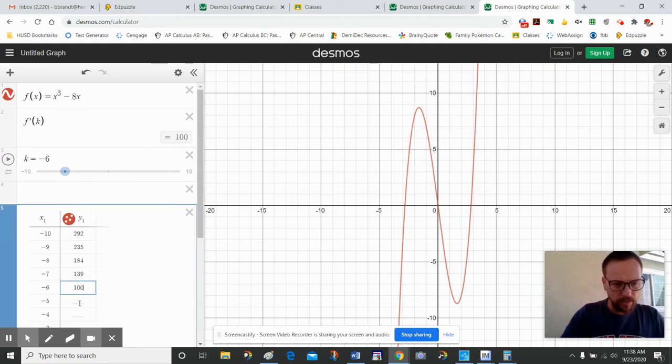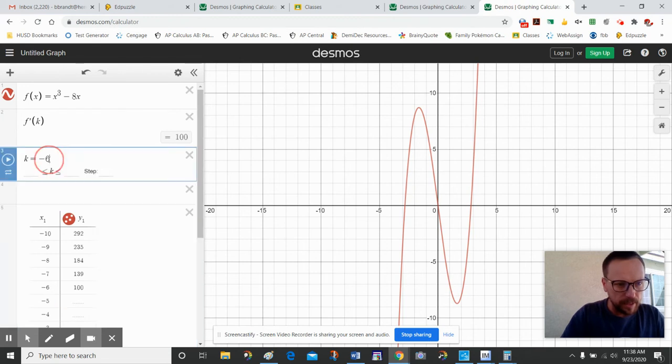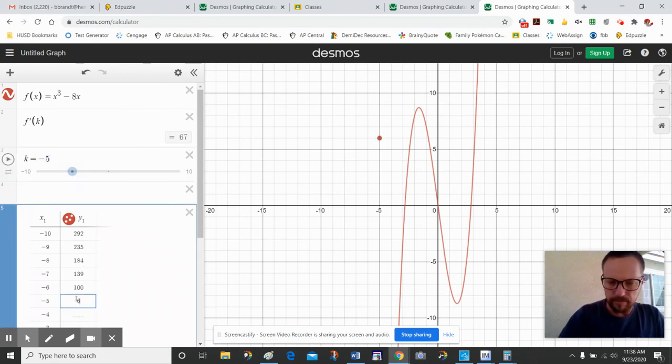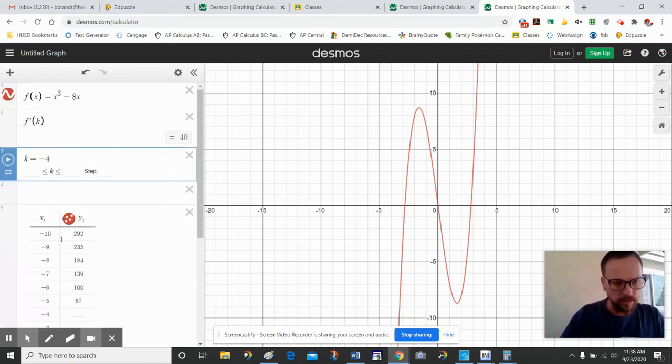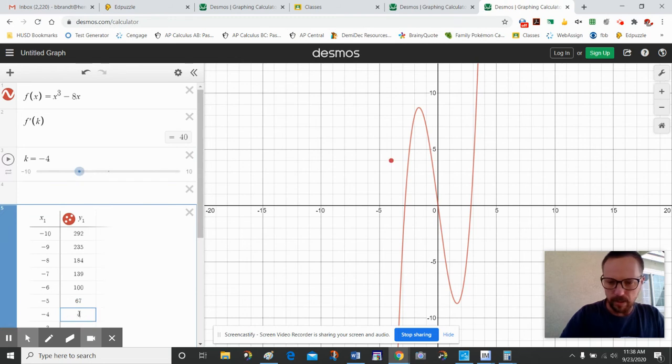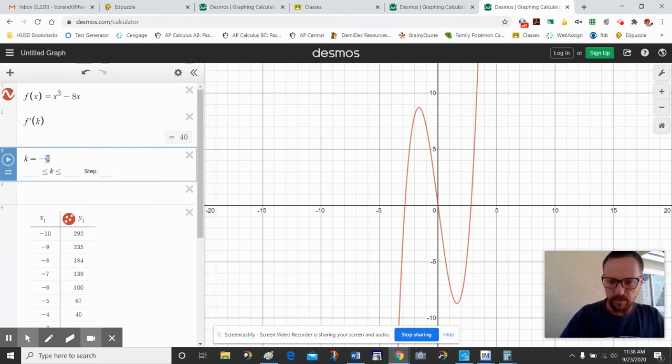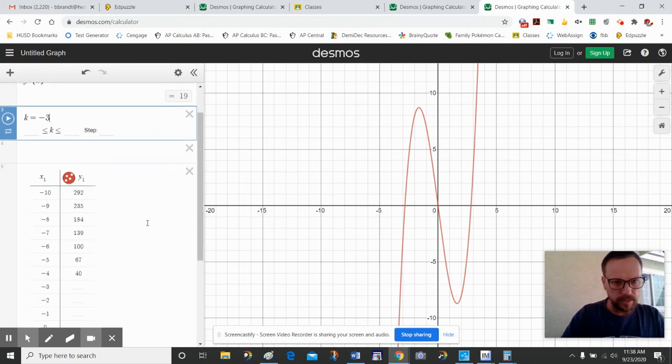You can see it's really starting to slow down, because 184 to 139, then 100, then 67, then at 4 we got 40, and then 3 is 19.